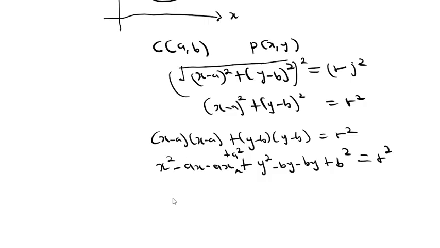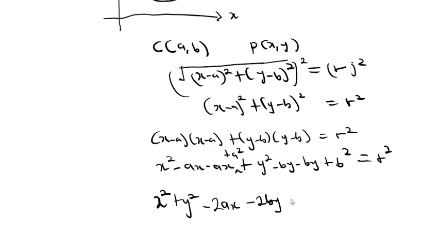Now let's group these. We have x squared plus y squared. This gives us minus 2ax, and then another minus 2by. What is left?